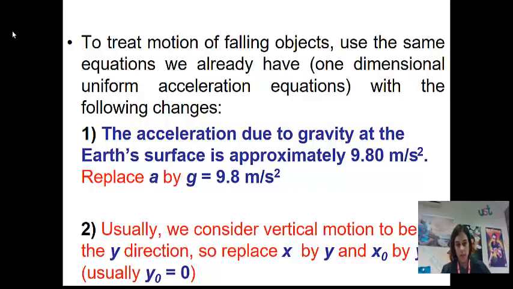Okay, now those magic kinematic equations that we had, we can use all of those and change our x's to y's and change our a to g, and g being 9.8 meters per second squared. We do that, now everything that we were looking at this way goes this way. And since we're near the surface of the Earth, our acceleration is still constant.